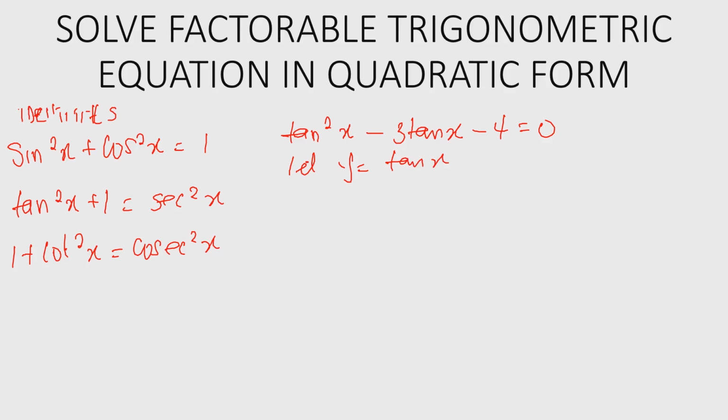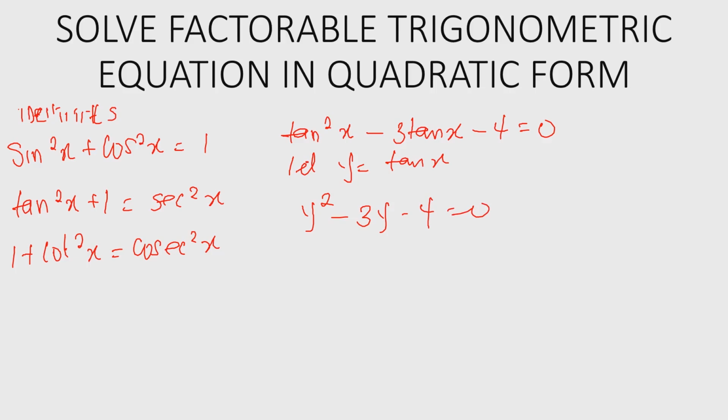By saying that, what we are trying to say is that instead of writing tan square x, you are going to write y square, because now y is tan x. And the tan x is squared, so it will now be y squared, then minus 3, instead of writing tan x, you write y, then minus 4, which is equal to 0.